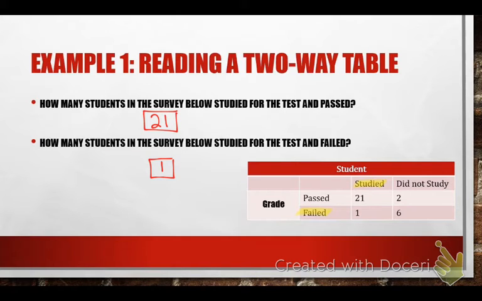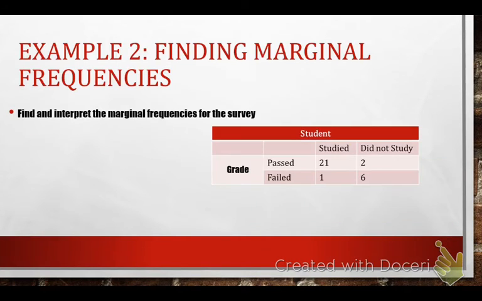Just kind of looking at the columns, okay? So in example 2, we're going to calculate something called marginal frequencies. Then we're going to interpret those, okay? So a marginal frequency is a total of the rows and columns.